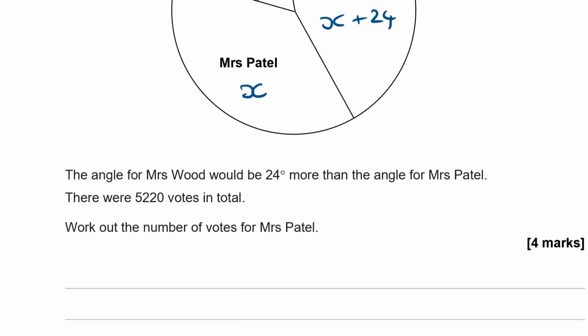So I can write that down then. So my 64 plus my X plus 24 must be equal to 360 degrees.